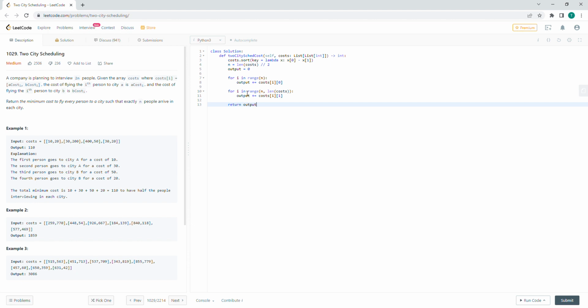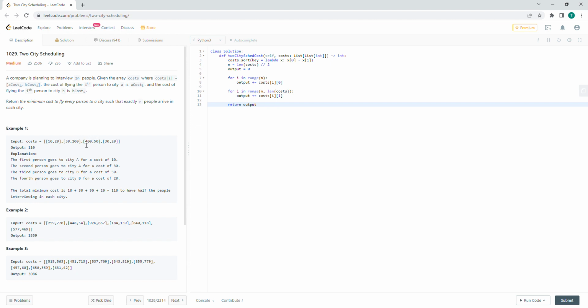Alright, if you guys didn't get that, let me go over that again. Basically we sorted the array, and for the first half of it, since the relative cost difference is very small, we're going to choose them all to go to A. Each of the first half of the sorted array is going to be location A because the relative cost difference is low.